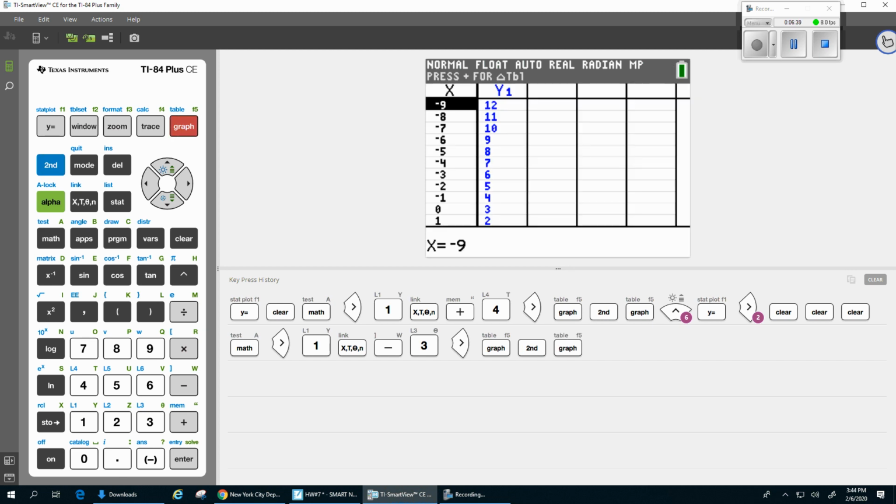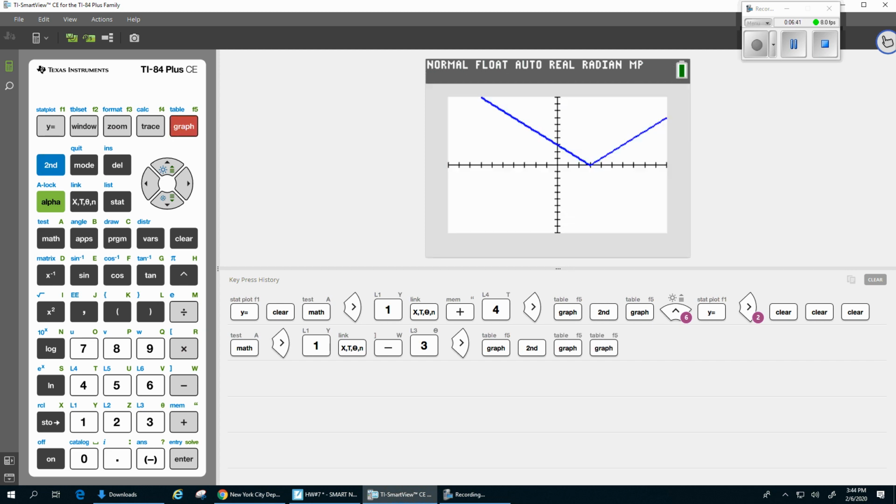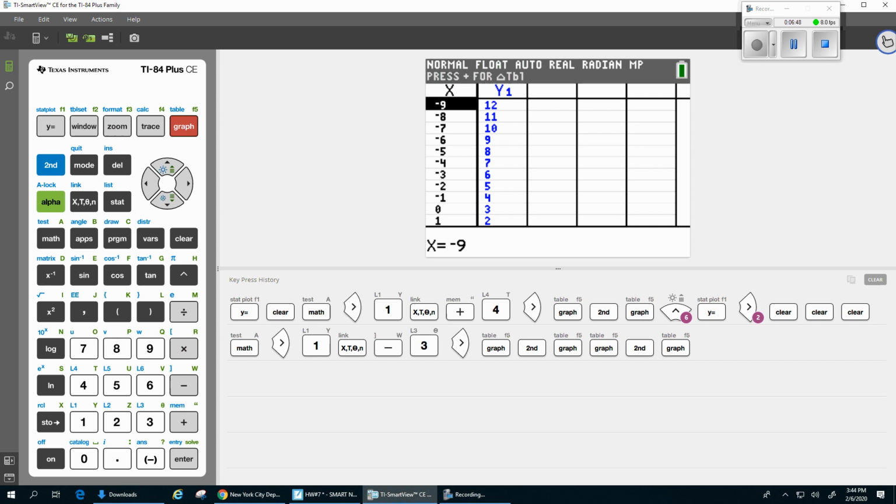So I'm looking for, clearly I have a minimum value, so I'm looking for the smallest y value in my table. If you notice, I'm decreasing: 12, 11, 10. So I'm going to see if I can find the smallest y value in this table. And I see it.